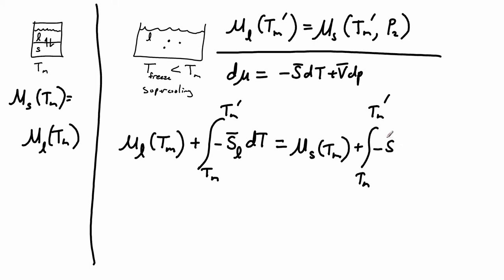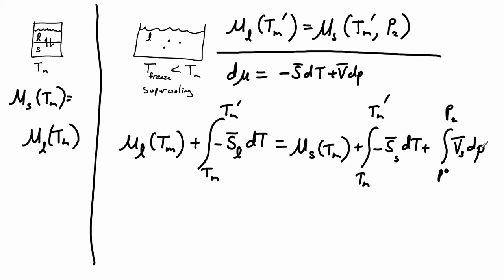So that's minus the molar entropy of the solid. And then we have to get to this new pressure. So we integrate from our original pressure, let's call it P0, to P2. And that is going to be the molar volume of the solid dP.